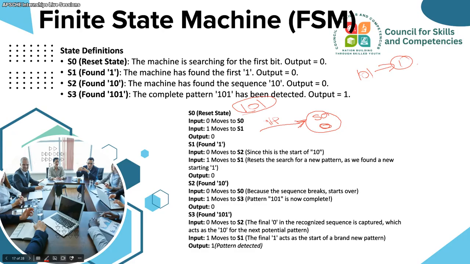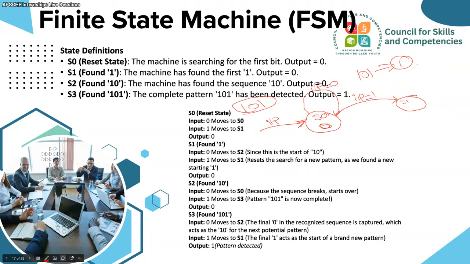If the input is 1, let it go to another state, something like the S1 state. Suppose the input is 0, then it doesn't need to go to another state. Let it stay in the same state.